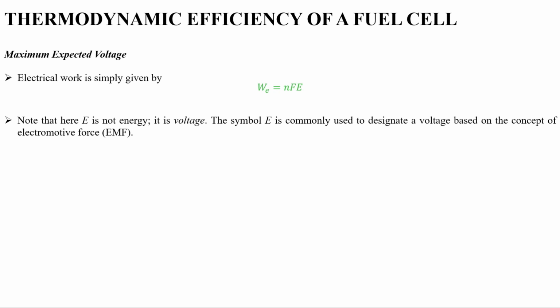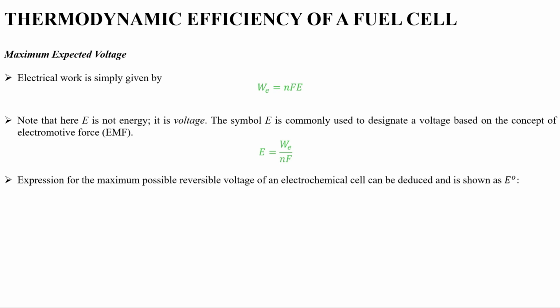So this will be the electrical work. Electrical work is the product of charge and voltage, so the voltage or electromotive force will be WE over nF. We have rearranged the above equation in terms of E.